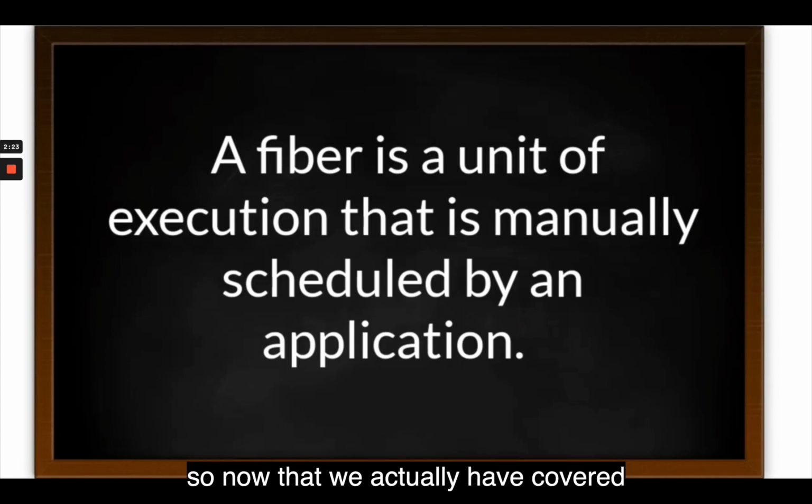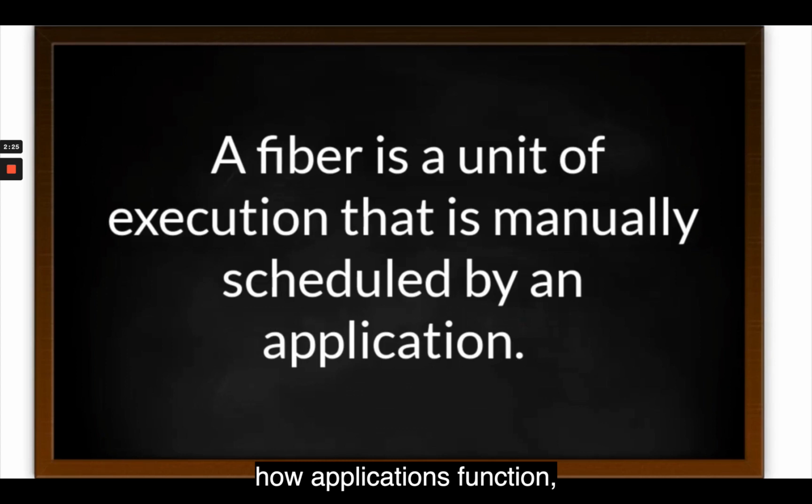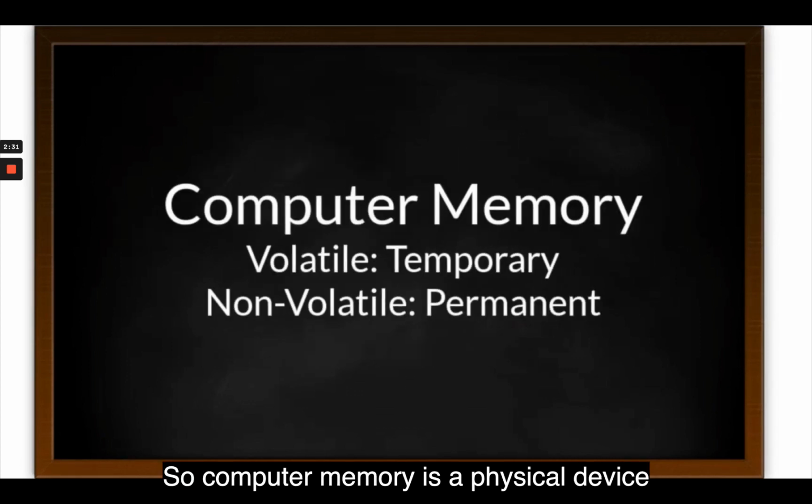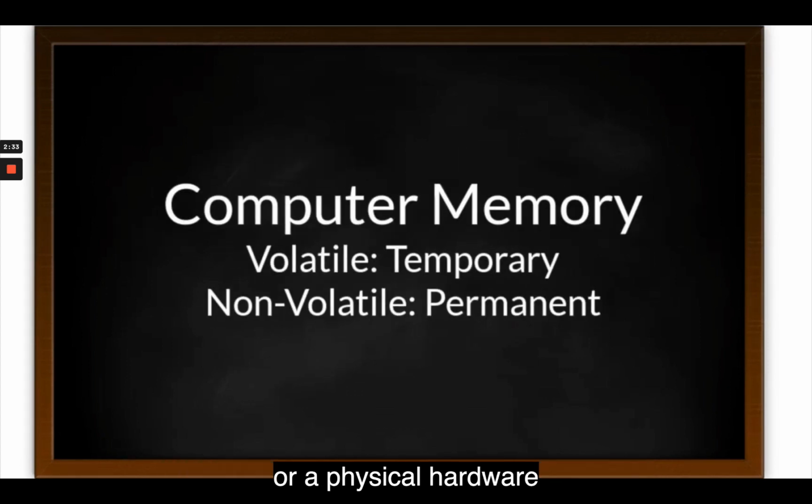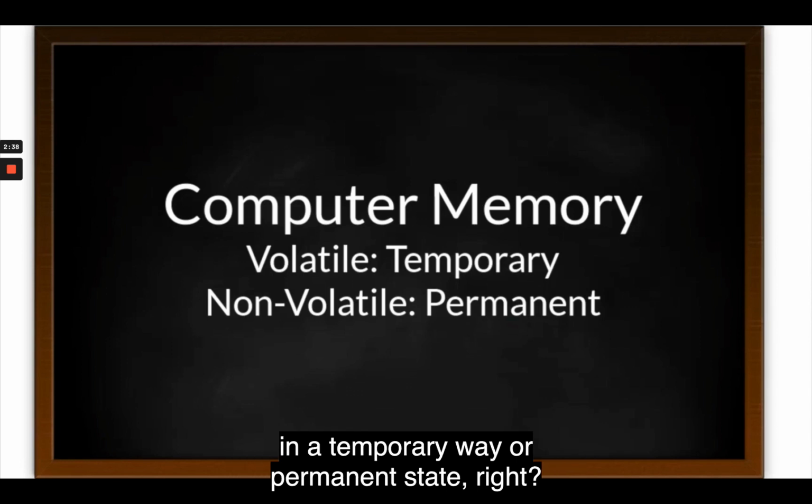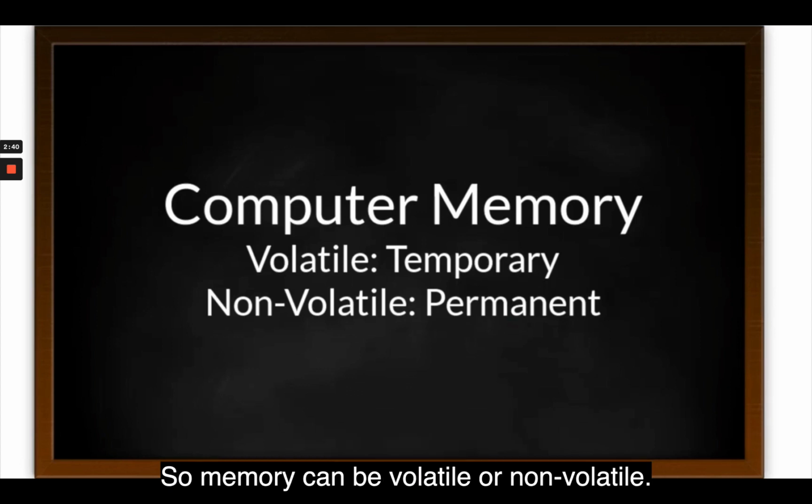Now that we have covered how applications function, let's look at where they are installed and how they are run, right? Computer memory is physical hardware capable of storing information in a temporary or permanent state, right? So memory can be volatile or non-volatile.